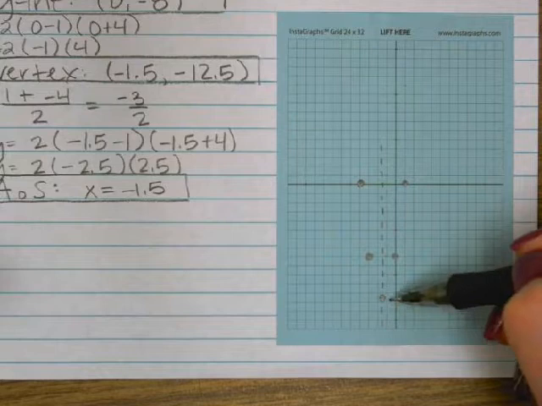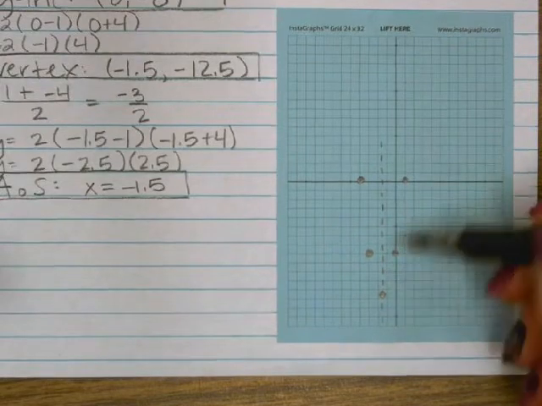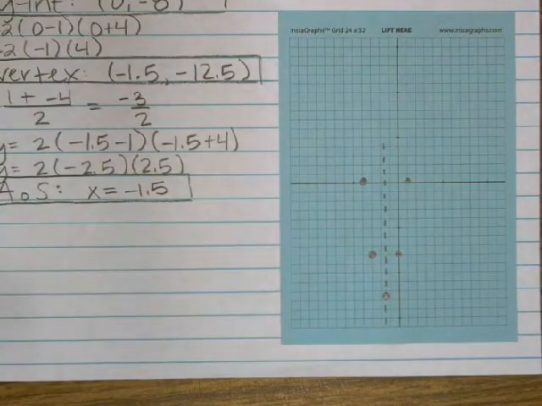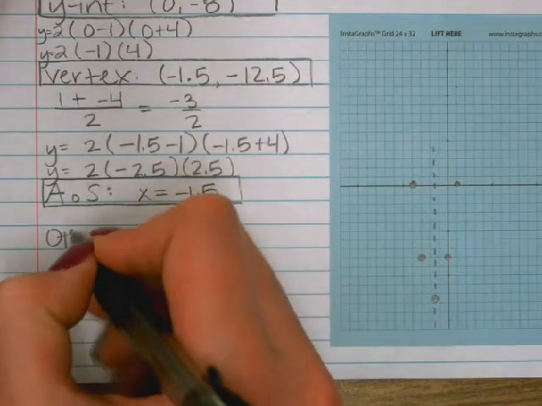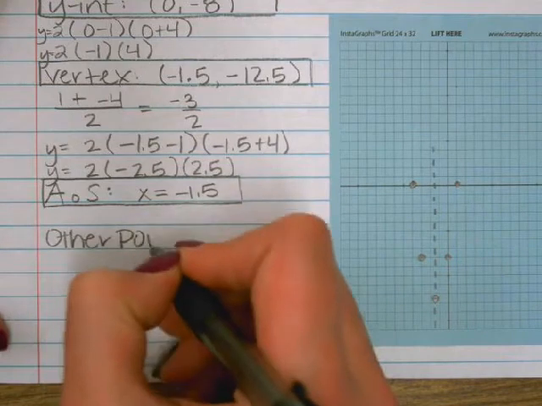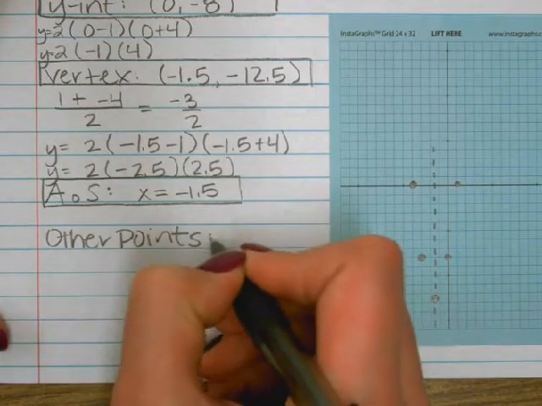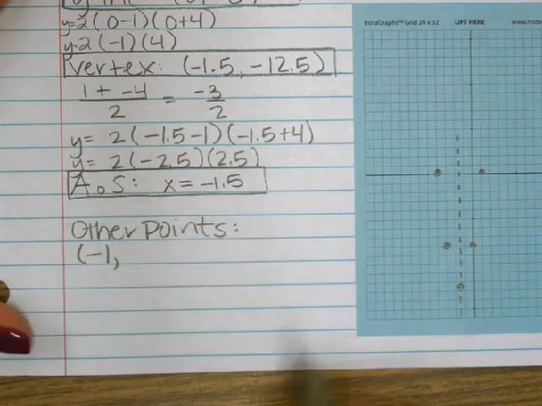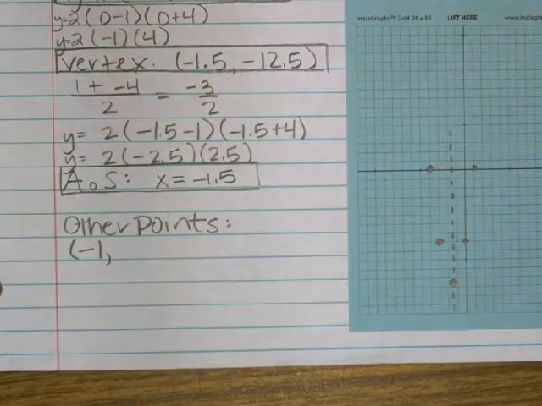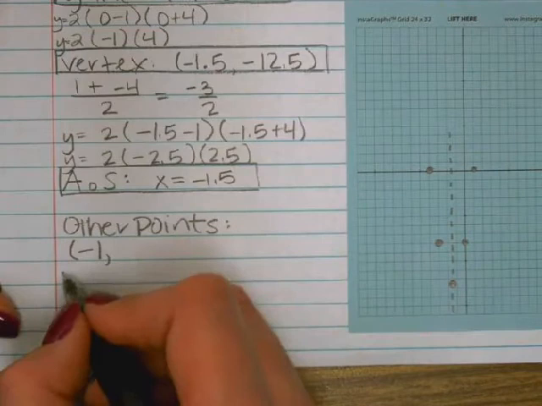So let's say maybe I can type in -1. I could plug in -1 and see what the points are going to be for that. So I'm going to say here's how we find some other points. We want to pick some that are close to the vertex. And so I'm going to pick the point -1. And then for me to find the y-coordinate of that point, I just need to plug it into the equation.